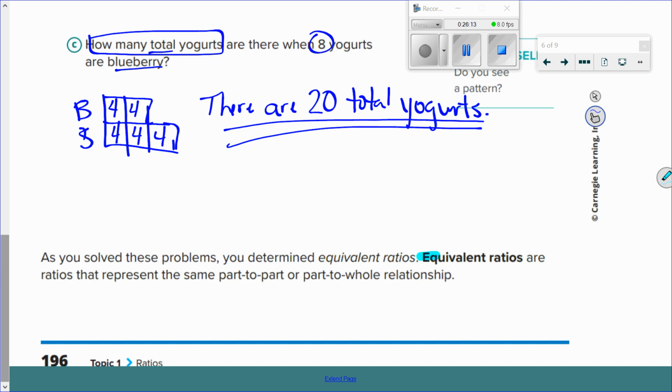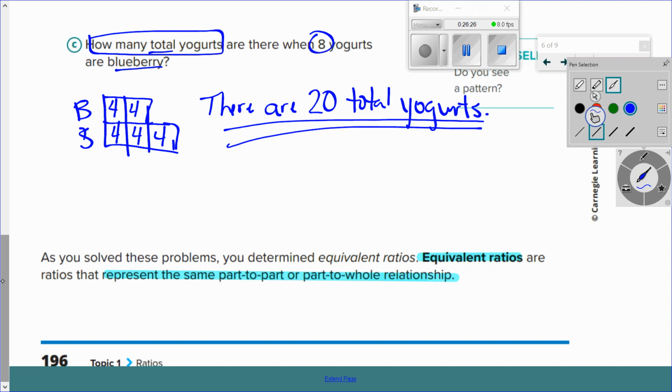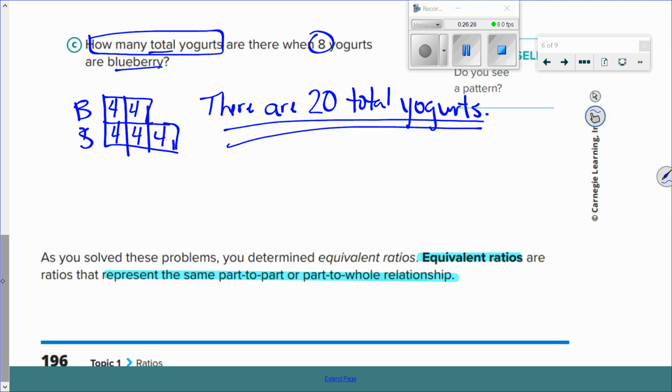Okay, we're going to talk about equivalent ratios. They represent the same part-to-part or part-to-whole relationship. I'm going to have you add to this definition because there's a part I feel they're missing. Equivalent ratios simplify to the same number.